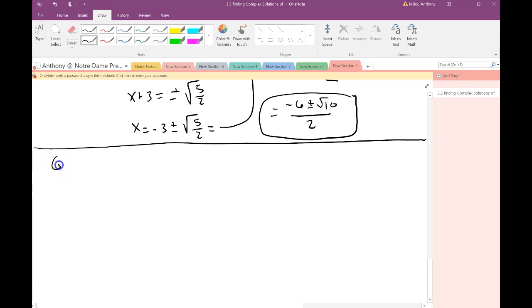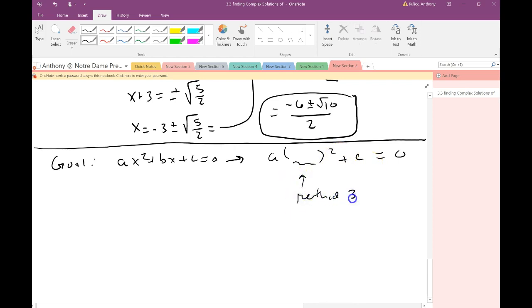Yes. So the goal here is to go from something that looks like ax squared plus bx plus c equal to 0 to something that looks like a times something, I'm just going to leave that blank for now, quantity squared plus c equal to 0, and then we can just use our method from last section on this.